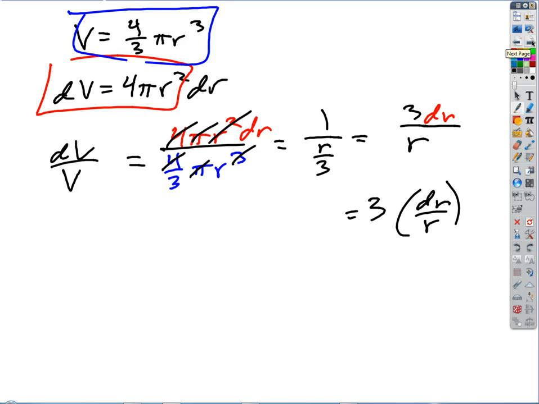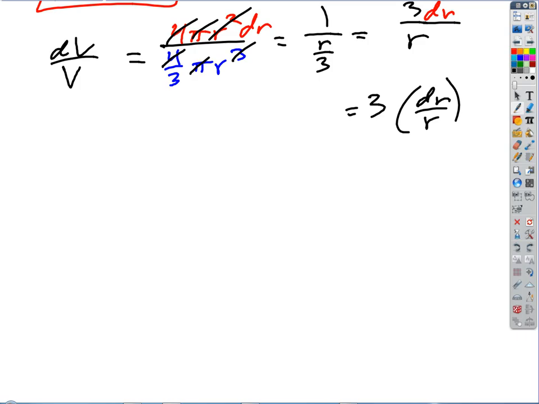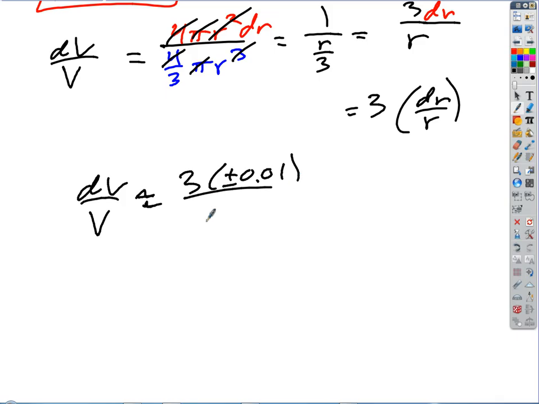If we want to find out what the relative error is, our answer is approximately equal to 3, and then dr was plus or minus 0.01, and r was 0.7, right? And so we get an answer of plus or minus 0.03 over 0.7, which is what as a decimal?